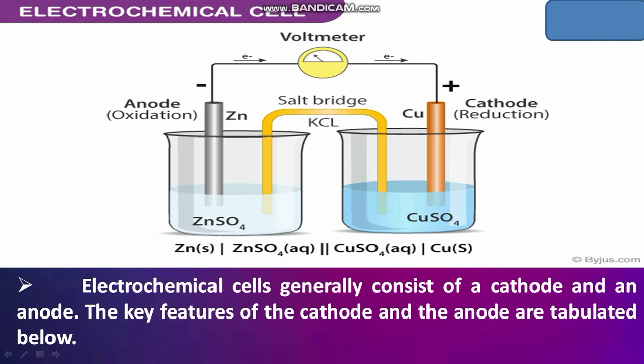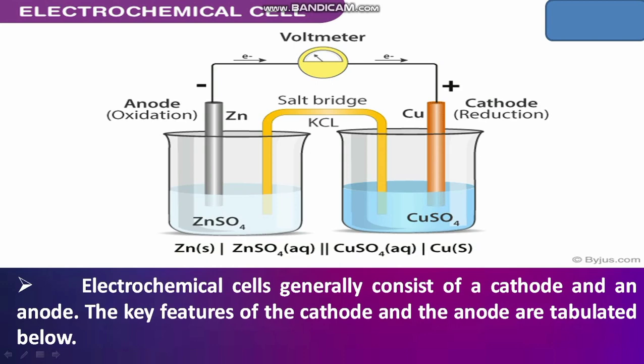An electrochemical cell has two half cells, that is a reference electrode and an indicator electrode. The first half cell is filled with zinc sulfate solution and the second with copper sulfate. The zinc half cell is the anode, that is the zinc electrode, and likewise the copper electrode.